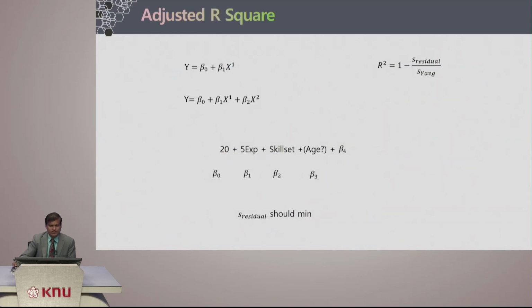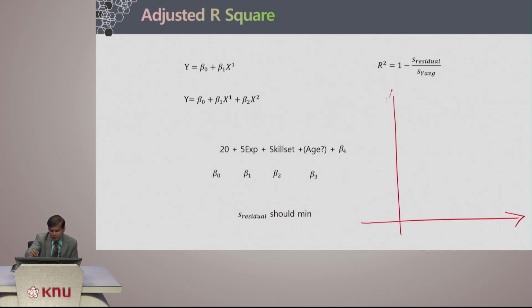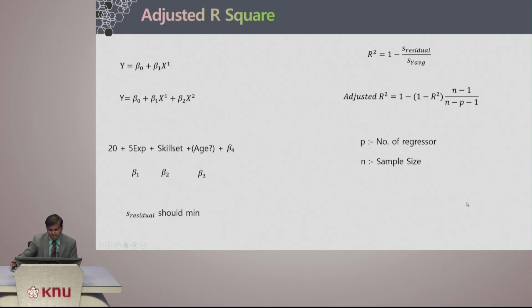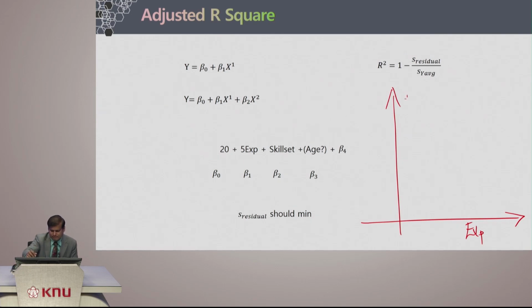So that's where the adjusted R square comes in. When it comes to adjusted R square, we can add more variables. For example, the base value is B0 in the example we have seen for the regression line with respect to experience and salary, X and Y. So you can add more variables to it.